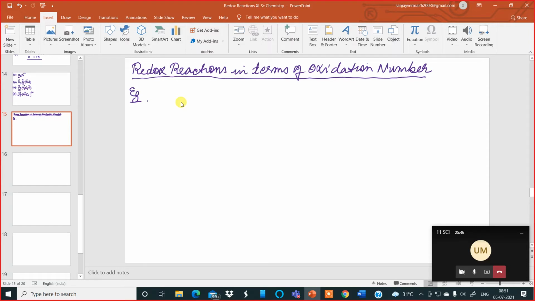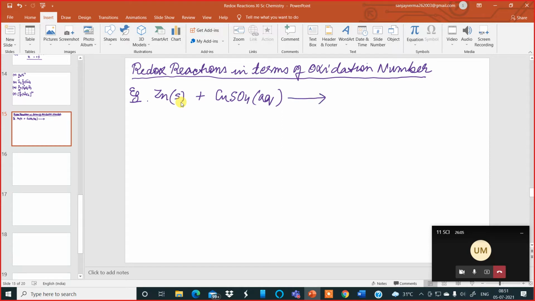I am writing a reaction between zinc metal and copper sulfate solution, and we know that this reaction is possible.